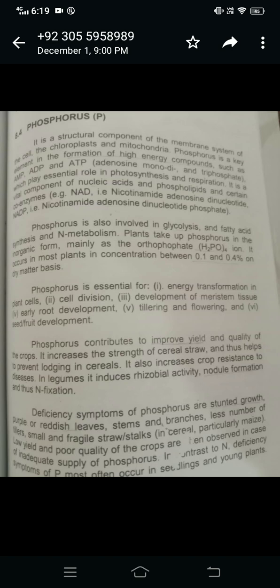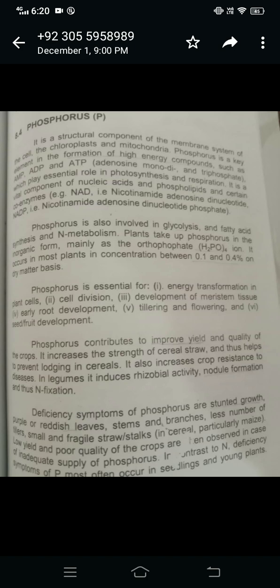Plants take up phosphorus in inorganic form, mainly as orthophosphates. Phosphorus occurs in most plants in concentrations between 0.1 and 0.4% on dry matter basis.